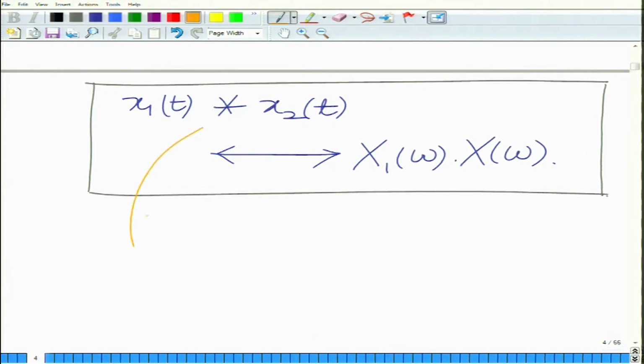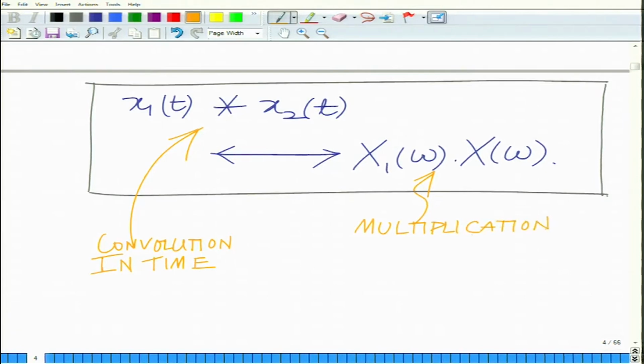So, on the left you have convolution in time, and on the right you have multiplication in the frequency domain.